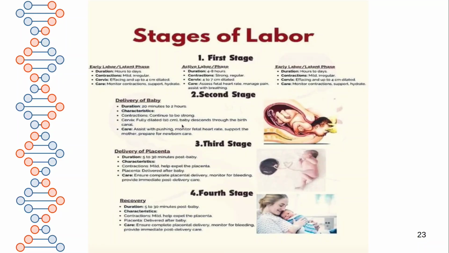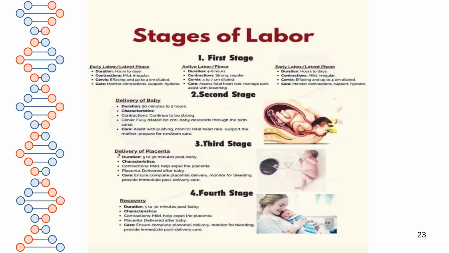The cervix is fully dilated, 10 centimeters, and the baby descends through the birth canal. Care: assist with pushing, ask her to push, monitor fetal heart rate, support the mother, and prepare for newborn care. All the articles required for newborn care have to be kept ready.